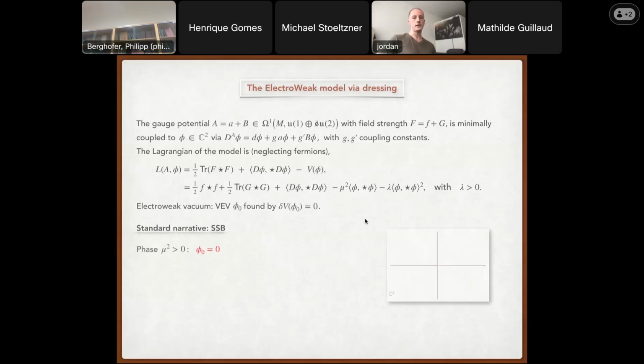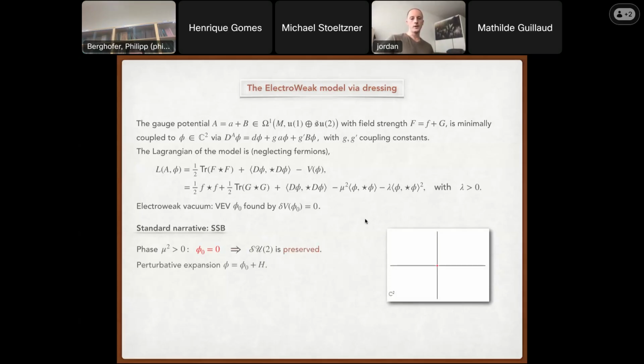It is to say that we have two phases. One phase is when the parameter in the potential, mu squared, is positive. In that case, there is only one vacuum in the theory, at the origin of the complex plane, and that minimum is SU2 invariant.